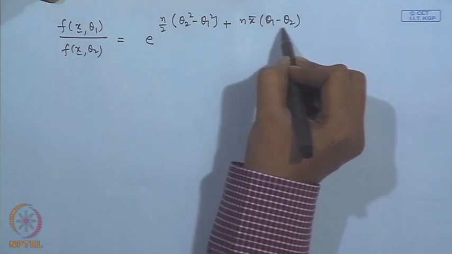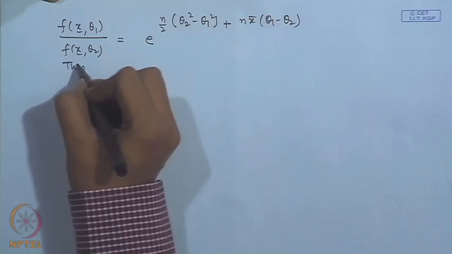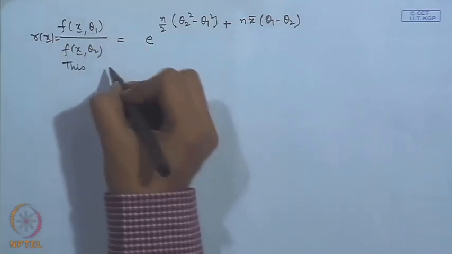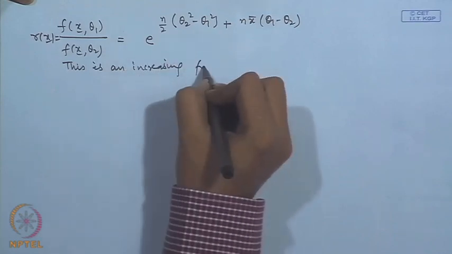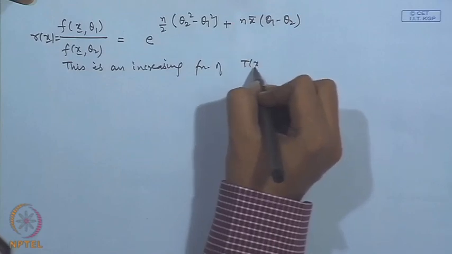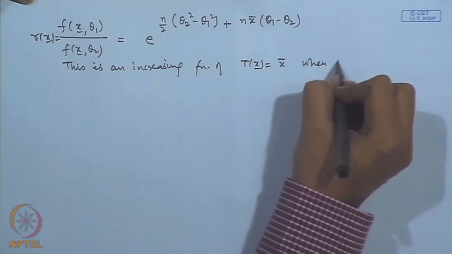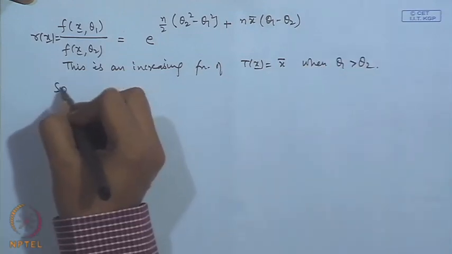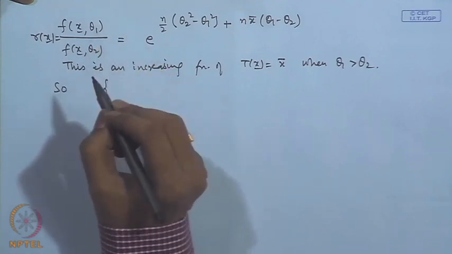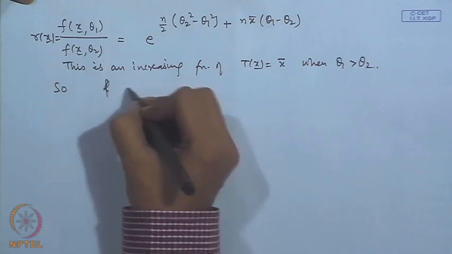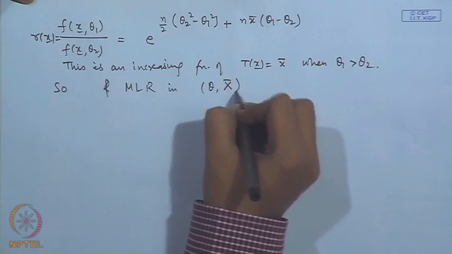For theta 1 greater than theta 2, this becomes an increasing function of x bar. So, this ratio is an increasing function of T(x) equal to x bar when theta 1 is greater than theta 2. So, for this family of distributions normal theta 1, when we are having n observations, we have MLR in theta and x bar, we can say.